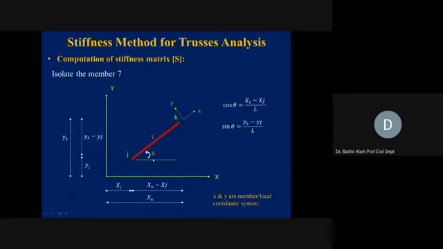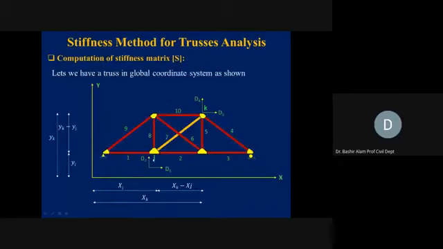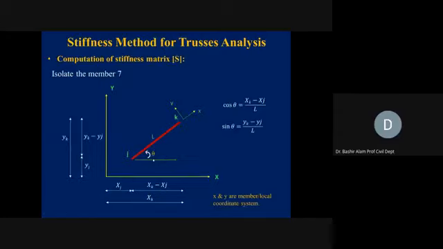Now we take this member 7 on the next slide. This is how we find out its coordinates. Now this is the same member 7 having length L, and it is making an angle theta with the horizontal. We want to develop these trigonometric equations now.